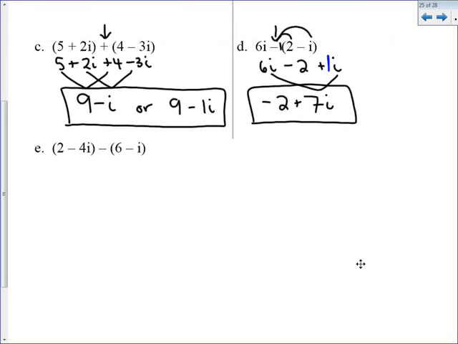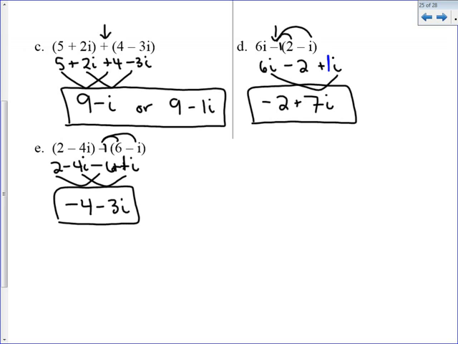And they're going to take forever on their test on this problem when it should be a simple distribute your negative to change the signs. And then combine your like terms. Real always comes first. Imaginary comes second. Minus. And if you need, you can always put the 1 in front of that i. Questions?